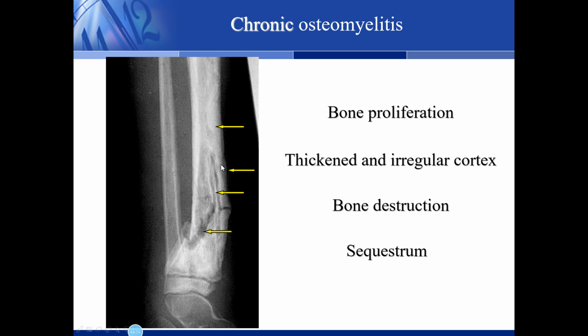And the bone proliferation is here, just outside the cortex. This is the bone proliferation. So this is chronic osteomyelitis.